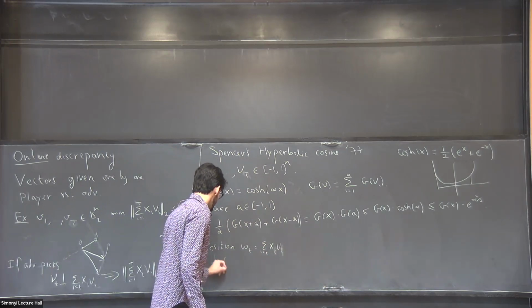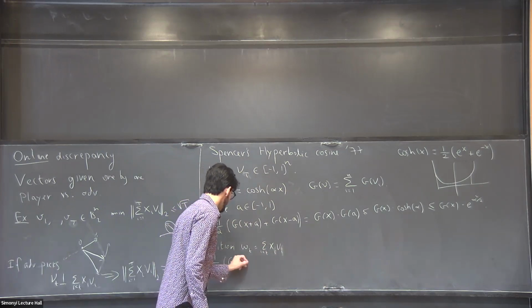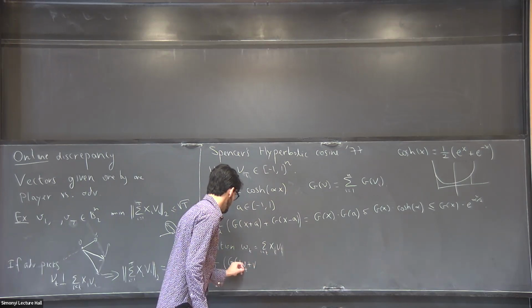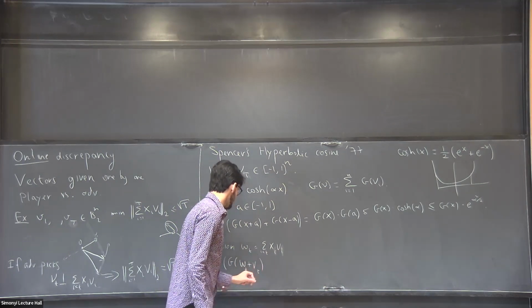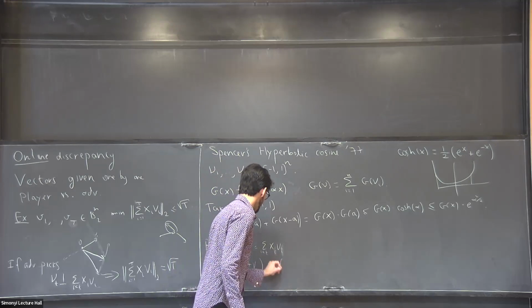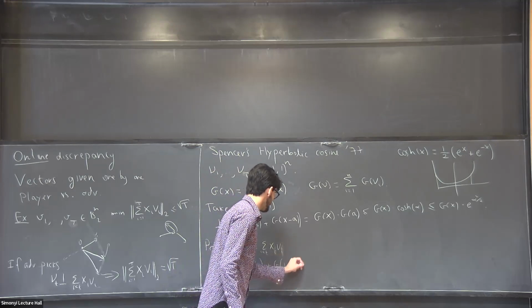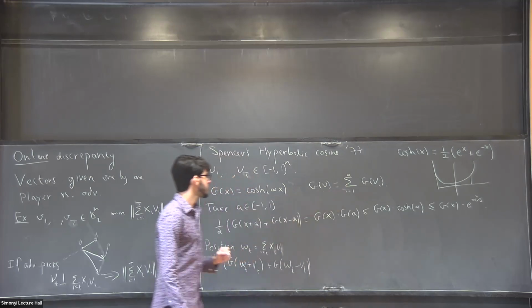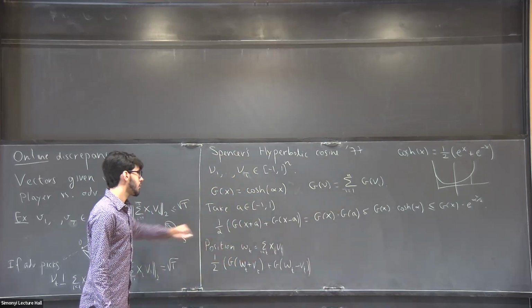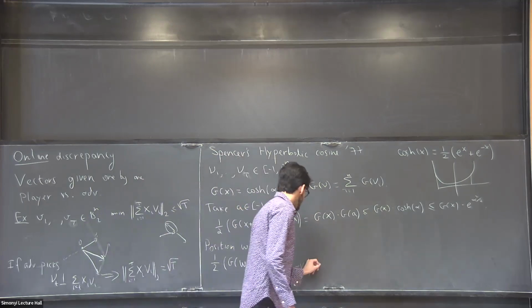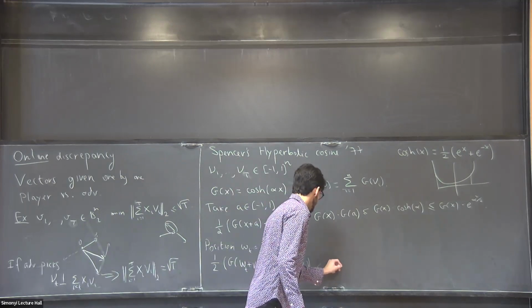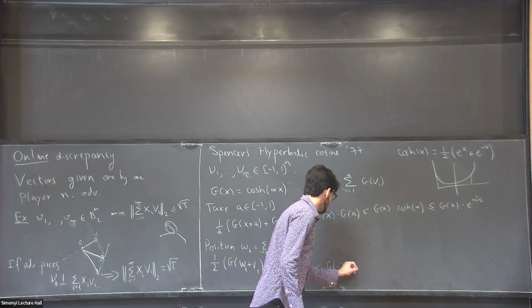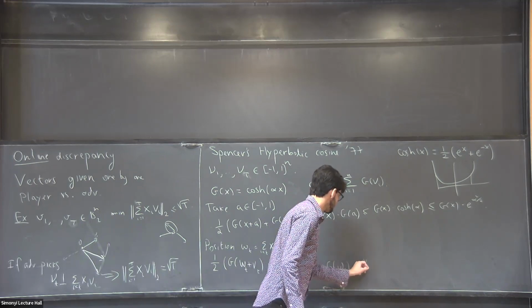I will consider the average value of doing this or subtracting, where this G is denoting the sum of the coordinates. And by this inequality, I can bound this by the original value times some exponential function.